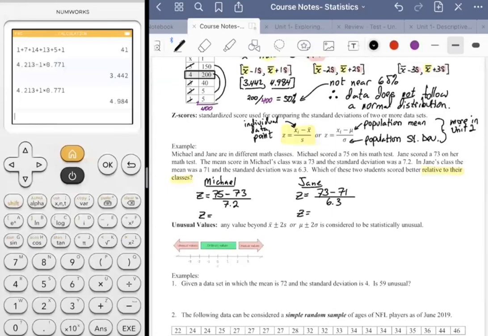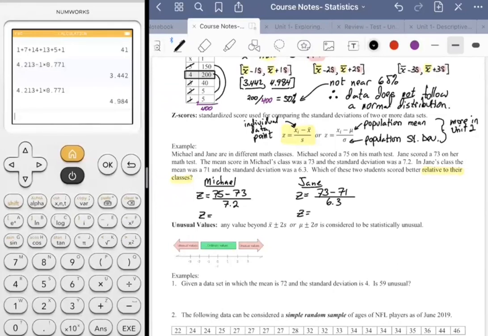That's the only crunching that you have to do. Interpretation is going to be a big deal though. Numerators in both cases are equal to 2, which means that each one performed 2 points better than the class average. But we want to know in terms of the individual scales, is that a good thing?